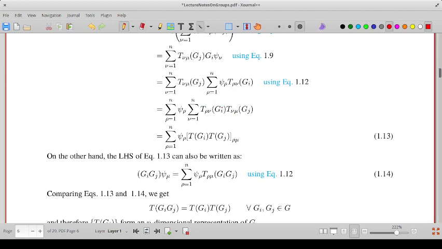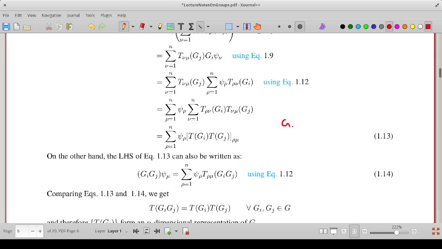And if I consider T of Gi and T of Gj as matrices, this is simply the rho mu element of the product of the matrices T of Gi and T of Gj. So that means we have this equal to the sum over rho running from 1 to n of psi rho, times the rho mu element of the matrix product T of Gi and T of Gj.